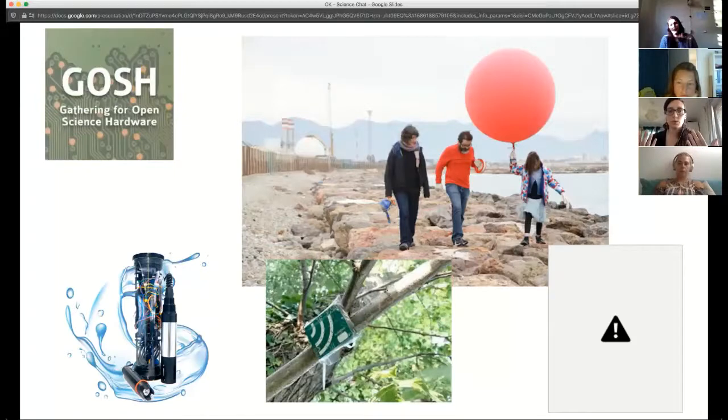If you go to countries where science doesn't have as many resources as in the global north, then you have universities that don't have budgets, and researchers have to do what they can with the little money they have. And in this context, open science hardware is super powerful. So that's a very, very big description of everything I wanted to say, but maybe we can keep discussing.